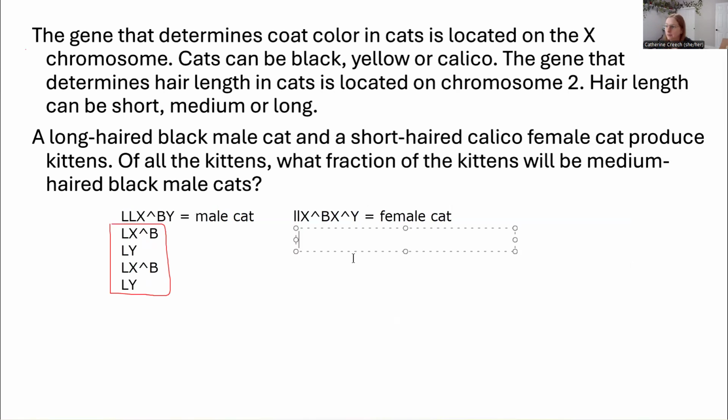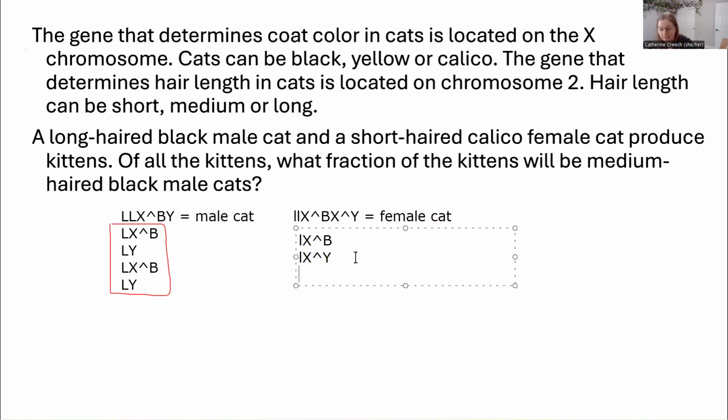Now the gametes that can be produced by my female cat are little l for short fur. She's got 1 allele and 1 egg, and then the next allele is going to be the allele for black fur. Then the little l for short fur and the allele for yellow fur.